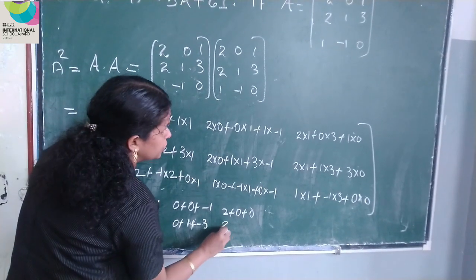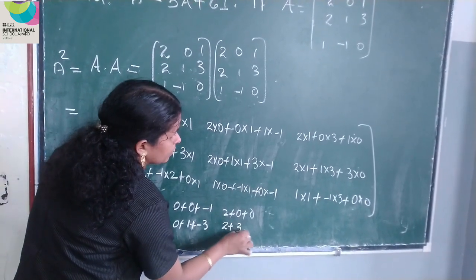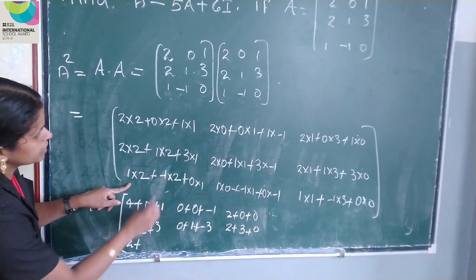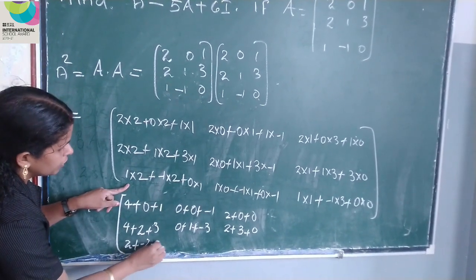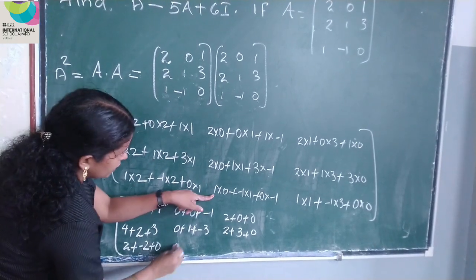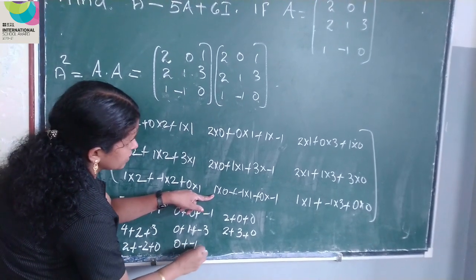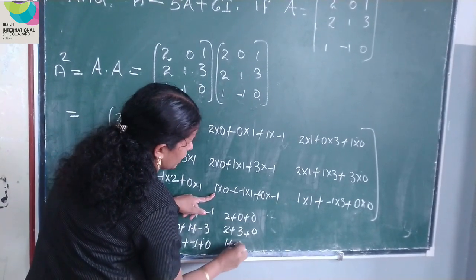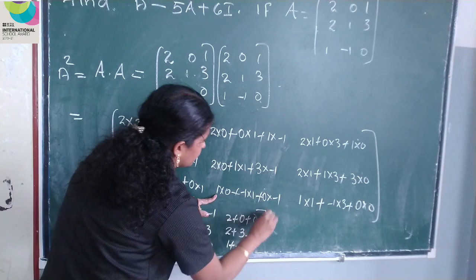Here 2 into 1, 2, plus 3 plus 0. Here 2 plus minus 1 into 2, minus 2, plus 0. Here 0 plus minus 1 plus 0. Here 1 plus minus 3 plus 0.